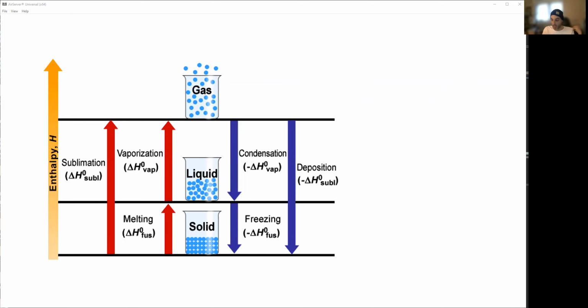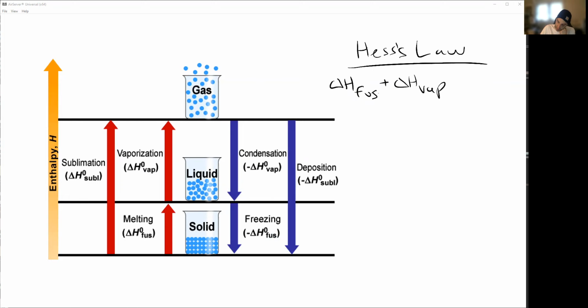But what you will notice is that, again, this is Hess's law at play. Again, Hess's law, which states that I don't care about the method by which I do this. All I care about is the end result, where I start and where I end. It's a state function. So the delta H of fusion plus the delta H of vaporization, fusion going from solid to liquid, and then vaporization going from liquid to gas, is equivalent to the enthalpy of sublimation, going from solid directly to gas.